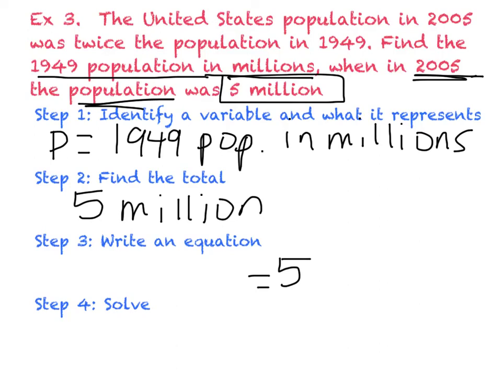Well, I still don't know what that population is, but if I take the variable I used to represent it and multiply it by 2, twice whatever the population there is should give me my 5 million. Then, in order to solve this equation, I'm going to have to isolate my variable. Since there's multiplication between the number right next to the variable, I'm going to divide to find my answer and to isolate p. And I'm going to have to do the same thing on this side.